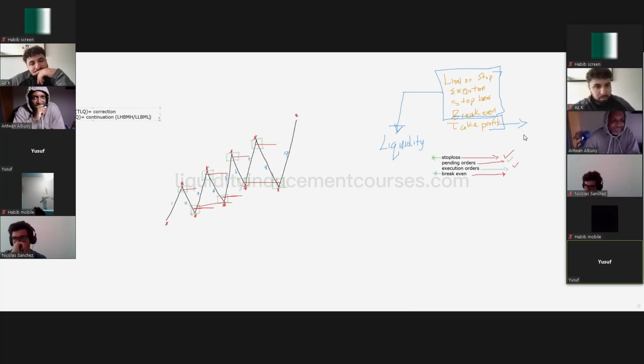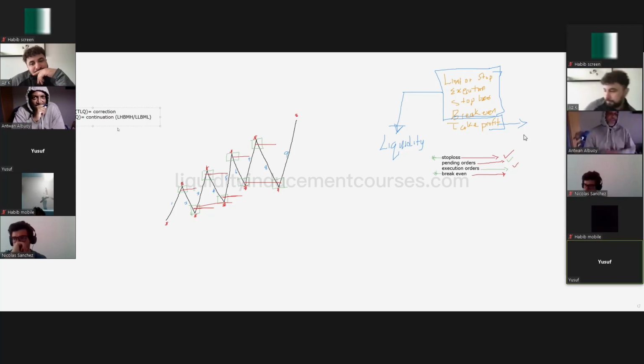Then finally, we have the inducement liquidity. What was that last bit? The structural liquidity, which is the liquidity for continuation, is popularly known in the community as the last high before the main high and the last low before the main low.